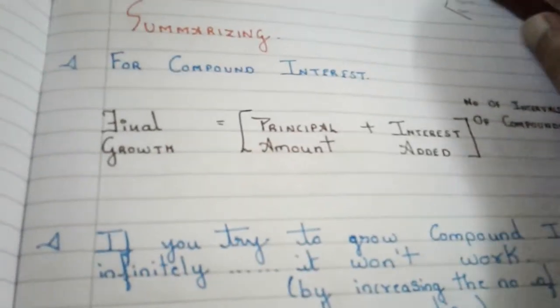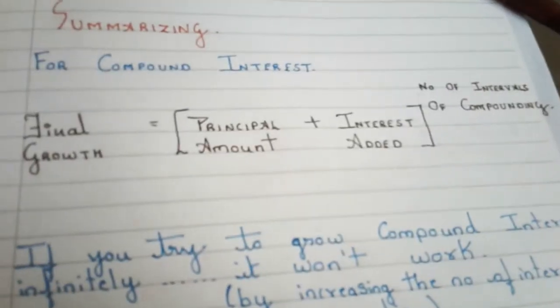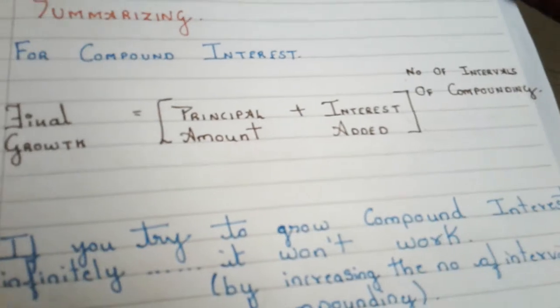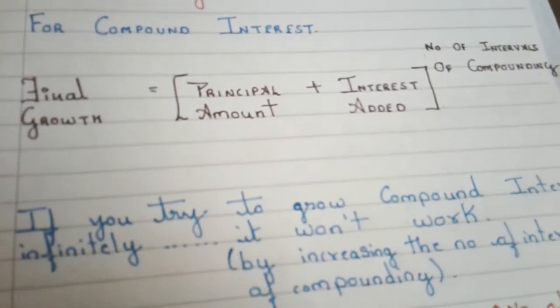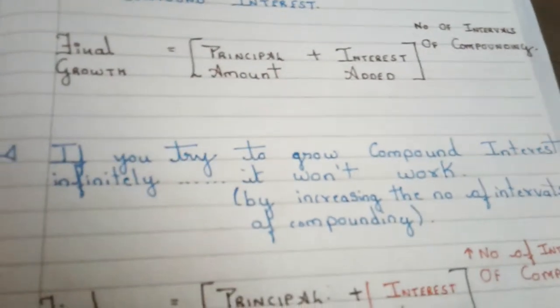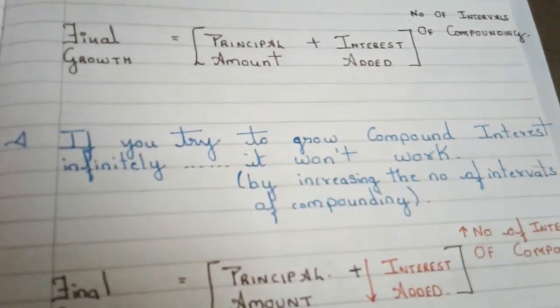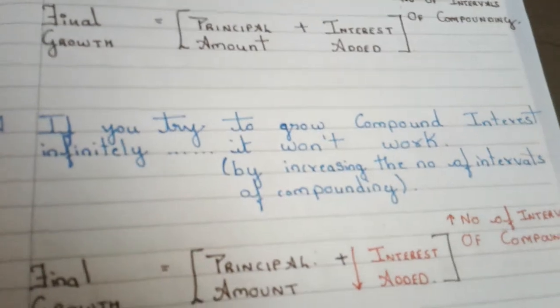So now let's look at summarizing the whole thing. For compound interest, the final growth equals the principal amount plus interest added, the whole raised to the number of intervals of compounding. If you try to grow compound interest by getting greedy infinitely, it won't work.